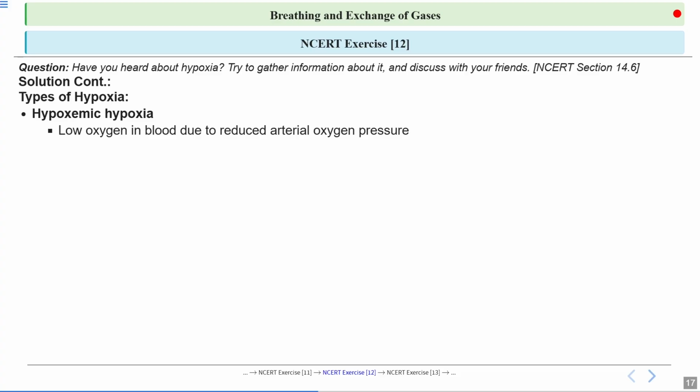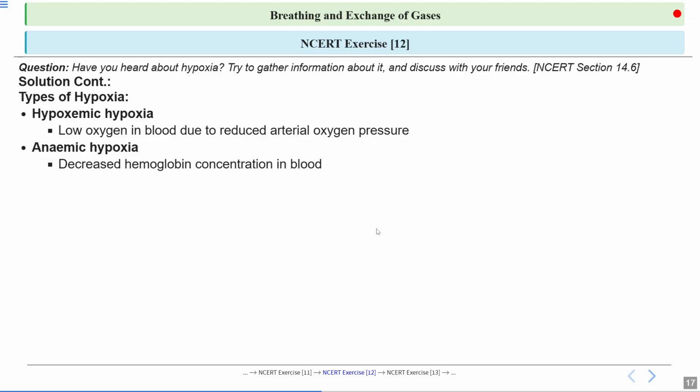The next condition is anemic hypoxia. What happens in this condition? Decreased hemoglobin concentration in blood. If the hemoglobin concentration in the blood is less, then an adequate amount of oxygen will not reach your tissues, right?